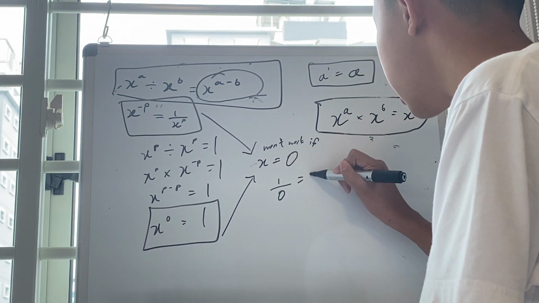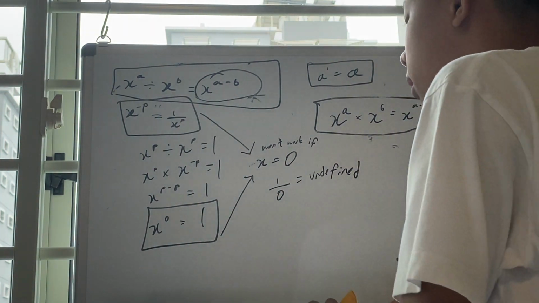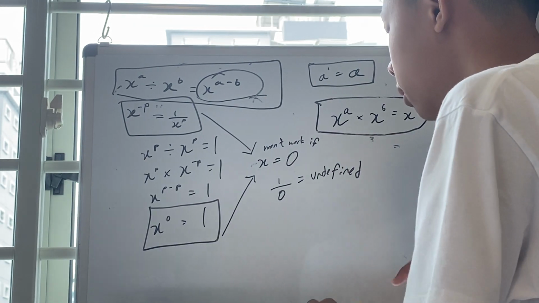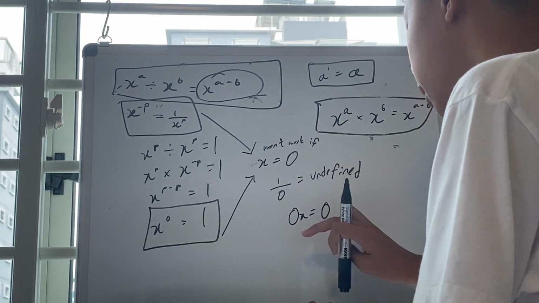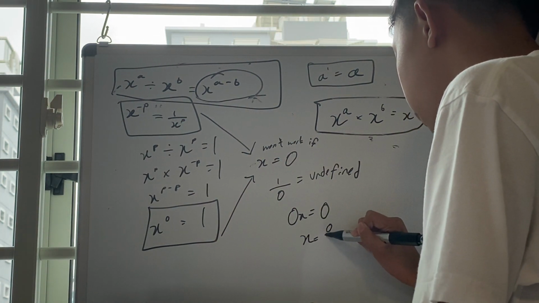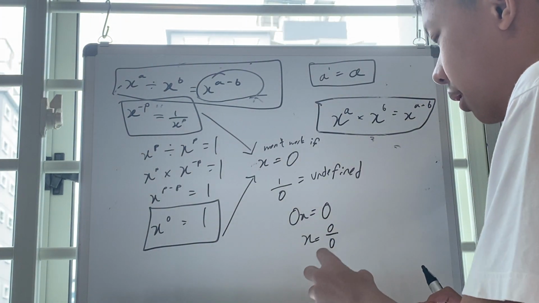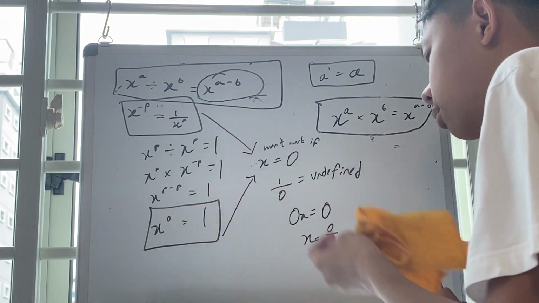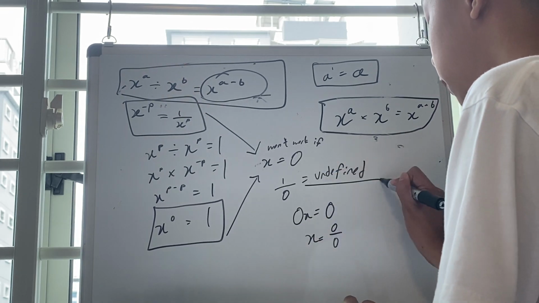We just leave it as undefined, because there exists no multiplicative inverse for 0, because 0 times x equals 0, and you can't just write x equals 0 over 0. We don't know what to evaluate x to when we divide by 0, so we just say it's undefined.